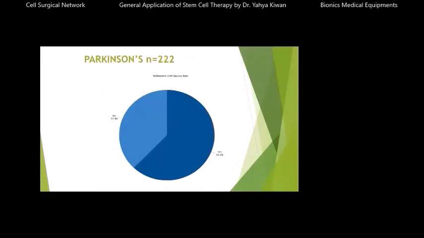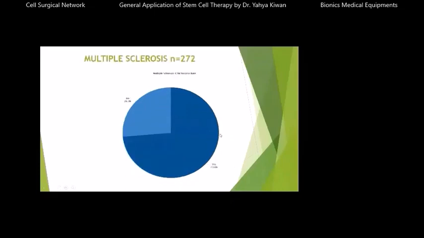Now, Parkinson's disease, the CSN has 222 patients treated, success rate 62%. Now, amyotrophic lateral sclerosis, the success rate is only 47%. Multiple sclerosis, a disease which has no treatment so far, the improvement in the patient's symptoms and signs is about 73%.